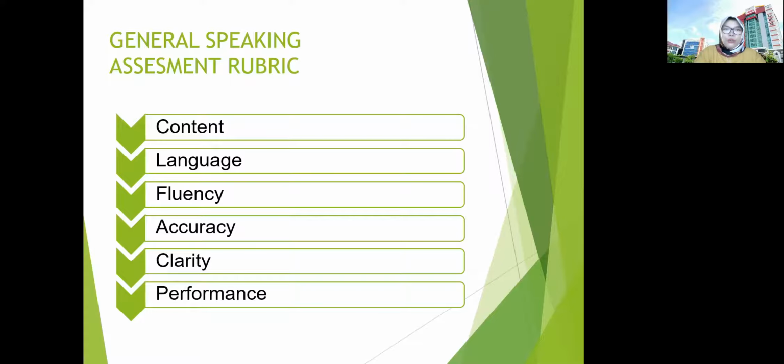For example, when you are performing as a storyteller, you can wear a costume if you want, if it is related to your story. Or if you're performing as a public relation officer, you have to dress well as if you are a real public relation officer. So make sure the visual look of your performance is also counted in your presentation later on.